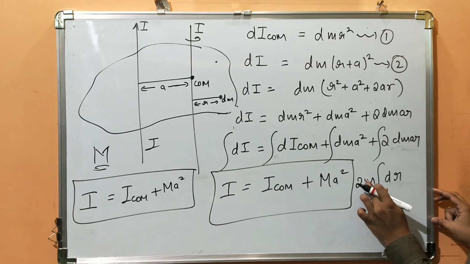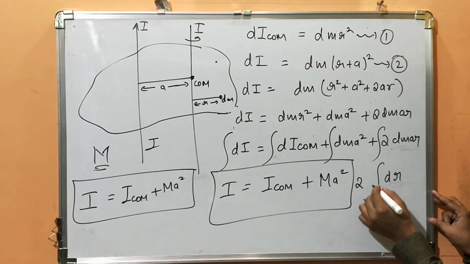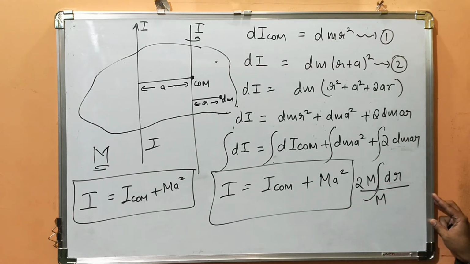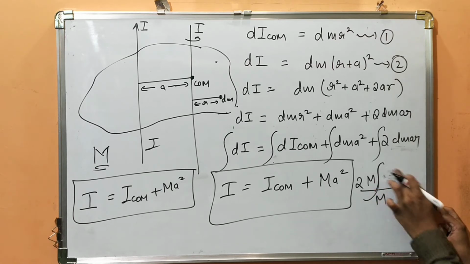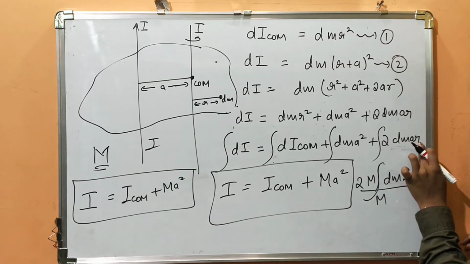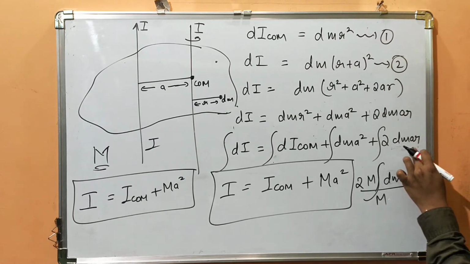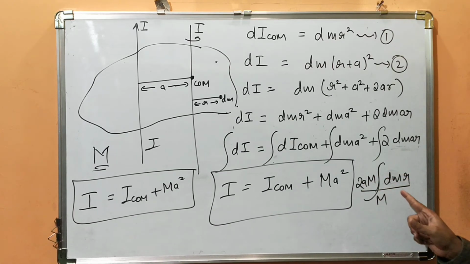Now, if I divide and multiply m, what I am going to get here is dm r. Now see here, students, I have simply written a here. So this a is also constant.